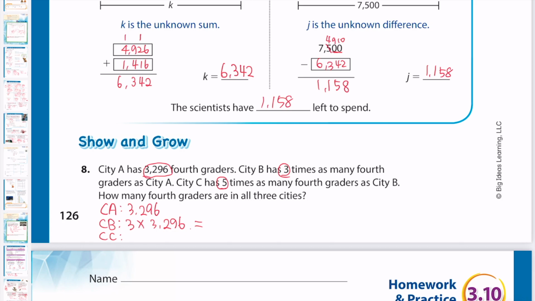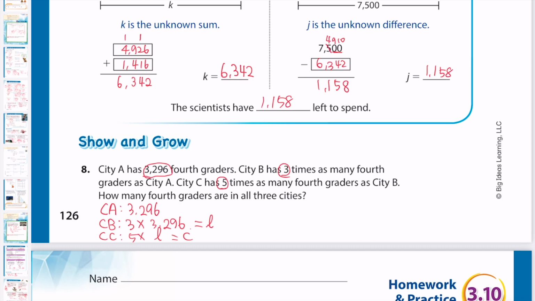Since my name is Lee, I'm gonna put L. Okay, so let's say this is L, unknown product yet. And then city C has what? 5 times as many fourth graders as city B, which is what? Unknown product L is what we are going to find out.